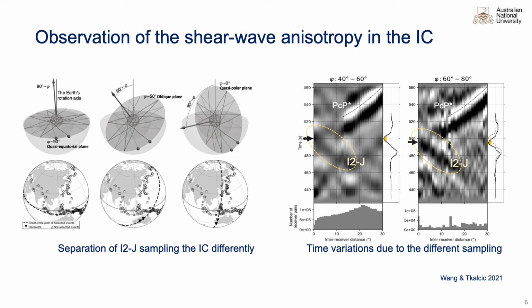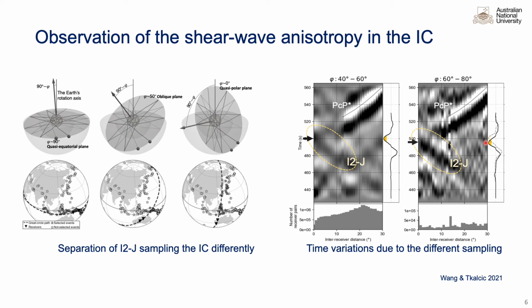Then we compute for global network observations. Here we compute different correlograms for different event-receiver geometries. We get a different correlation wavefield for I2-J. From analysis, you can see that there is a time difference between them, about 5 seconds.